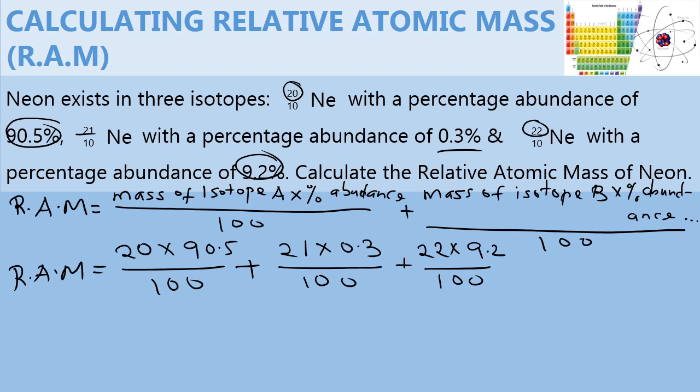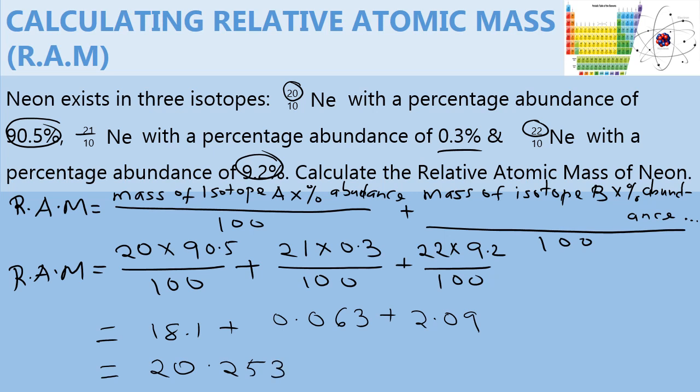This one would be 18.1 plus 0.063 plus 2.09. When we add this, we find that the relative atomic mass of neon is 20.253.